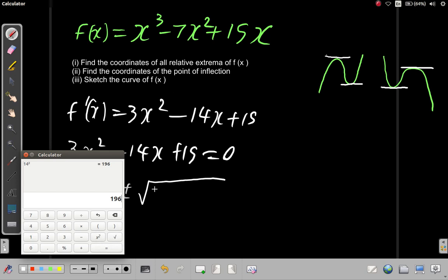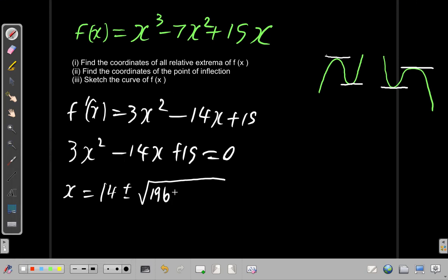So it's the square root of b squared, which is 196, minus 4 times 3 times 15. 15 threes, 45. 45 by 4 is going to be 180. So it's 180 that's going to come here, all over 2 by 3. Well, 2 by 3 is 6. So it's over 6.